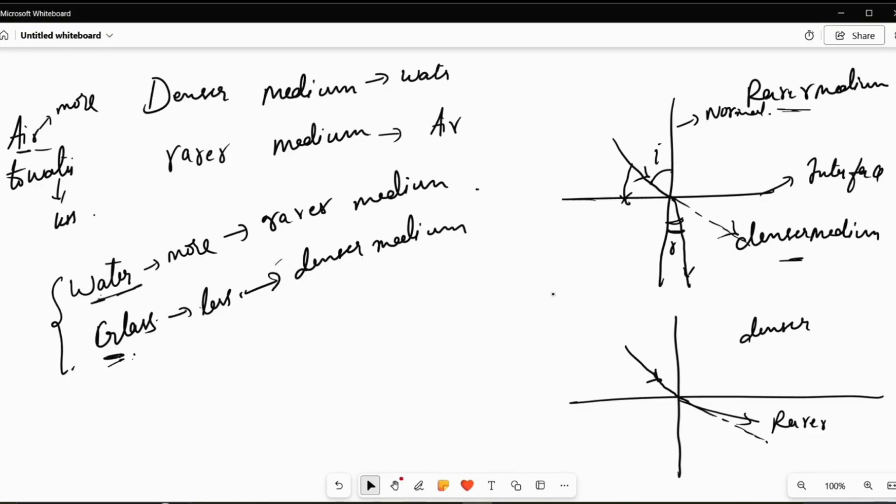It is a 90-degree line, a perpendicular line drawn to the interface. See, this is air and this is water. This is the interface line. So this normal is a 90-degree line to the interface. Clear?